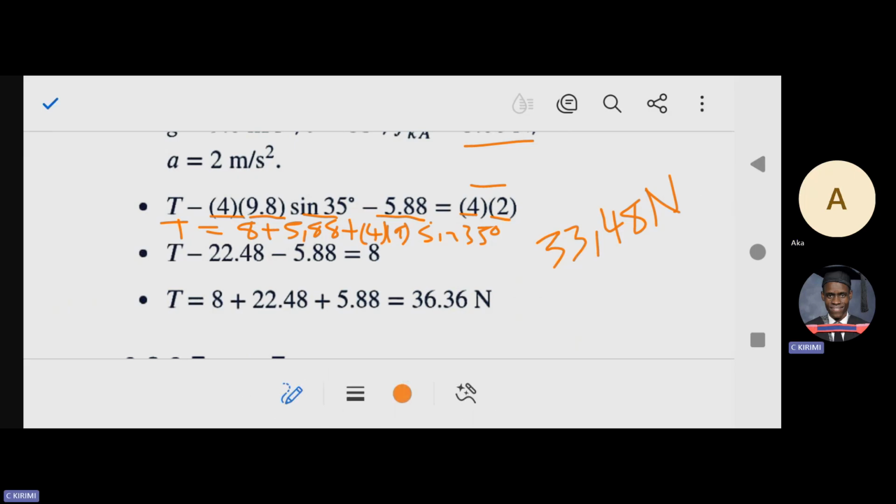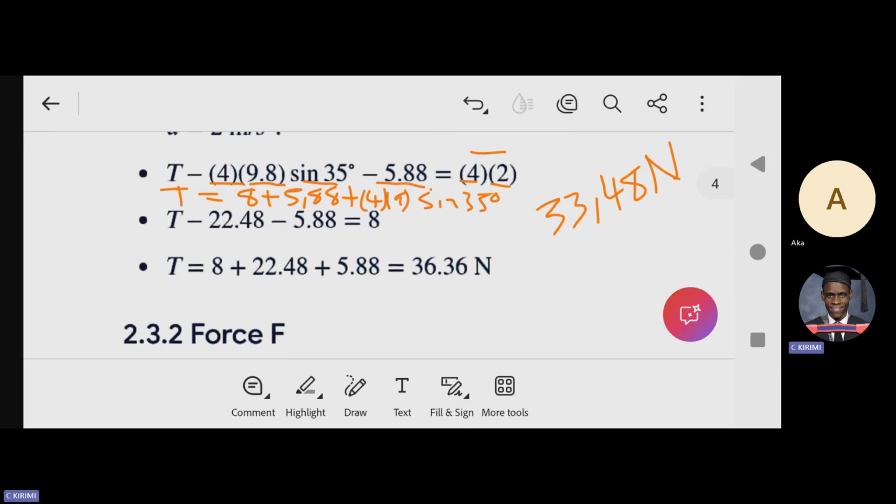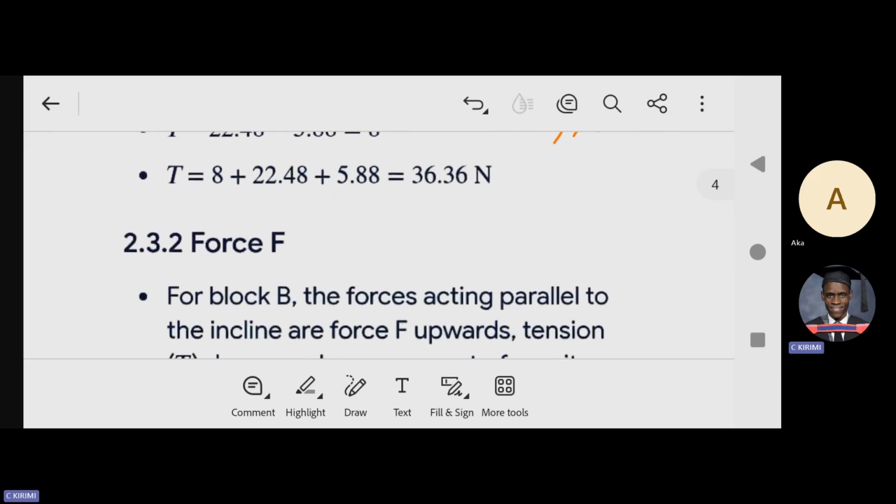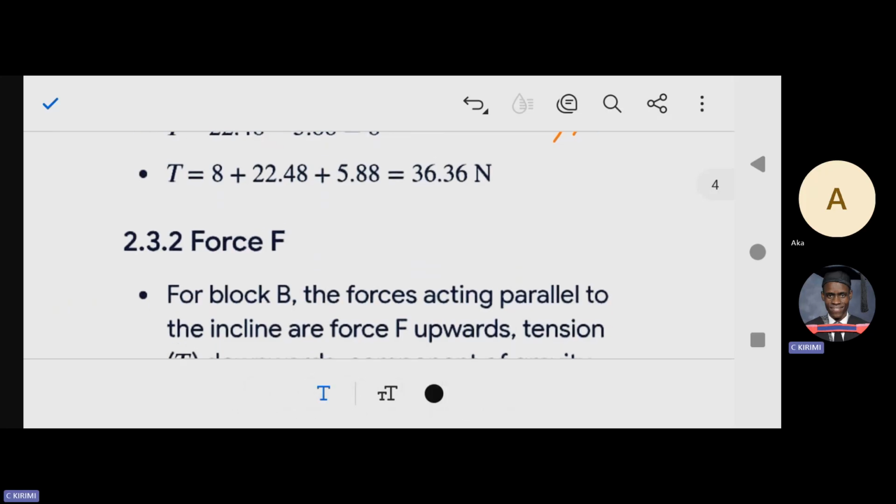All right. So the next one, now we are calculating the force F. Now we know the tension, which means our block is like this. Our free body diagram for B should look like this: at B, it's having a tension.